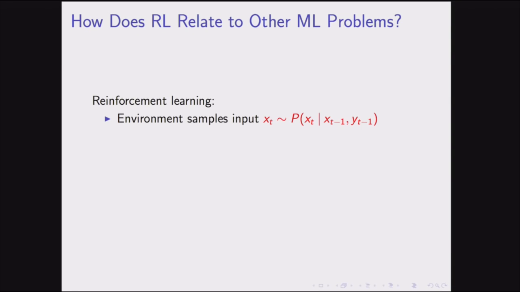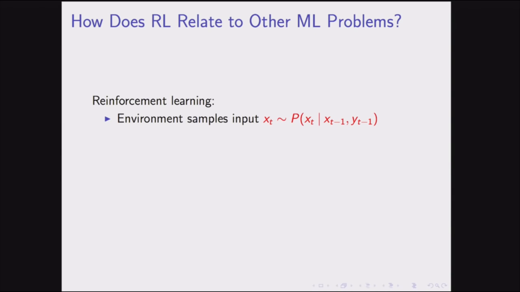And that makes the problem quite a bit harder, for a number of reasons. For one thing, the inputs you're getting depend on what actions you're taking. That makes it harder to develop a stable, reliable algorithm because as the agent starts to learn, it gets different inputs. That can lead to all sorts of out-of-control behavior.